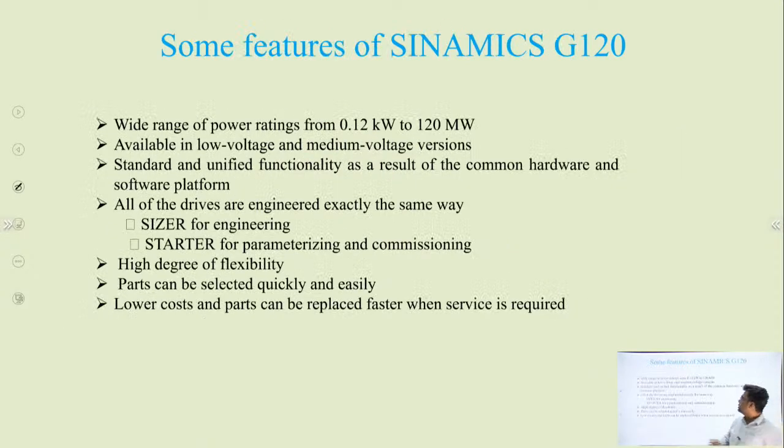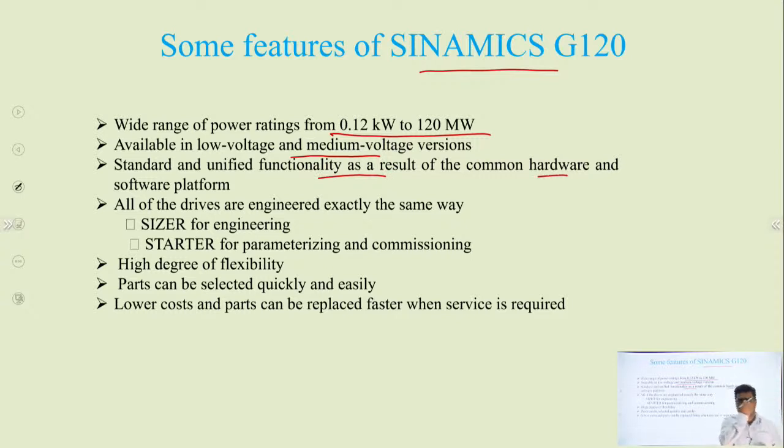There are some features of Sinamics G120. There is a wide range of applications, from a very small range, 0.12 kilowatt, up to 120 megawatt. It is available in low voltage and medium voltage versions. We can use standard and refined functionality on a common hardware and software platform.